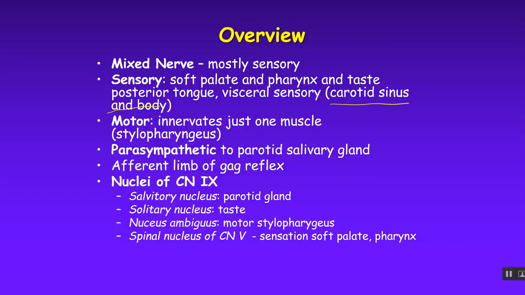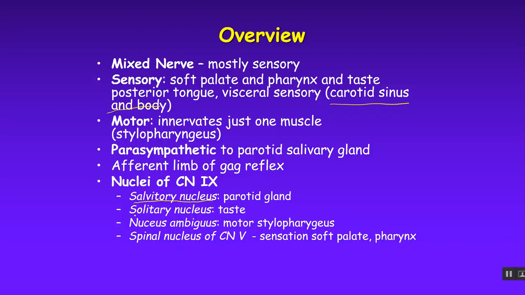So when you're touching the uvula or the back of the throat, cranial nerve number 9 sends that sensory information into the brainstem. Because it has mixed functions and all these different functions, it has a number of nuclei associated with it. We've seen this one before in other cranial nerves, the salivatory nucleus, which is going to supply that parotid gland.